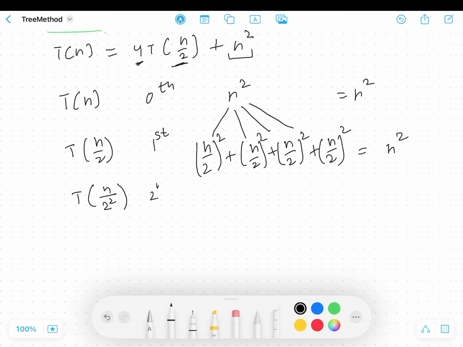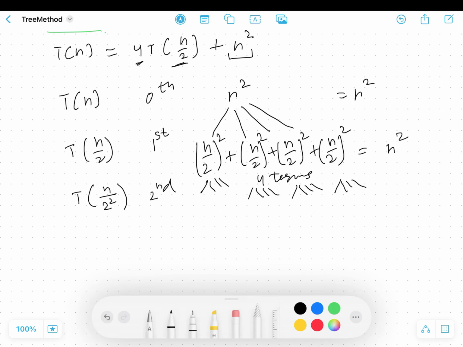This is the second level. Here we have 4 terms. In the next level, we will have 4 raised to the power 2, 16.